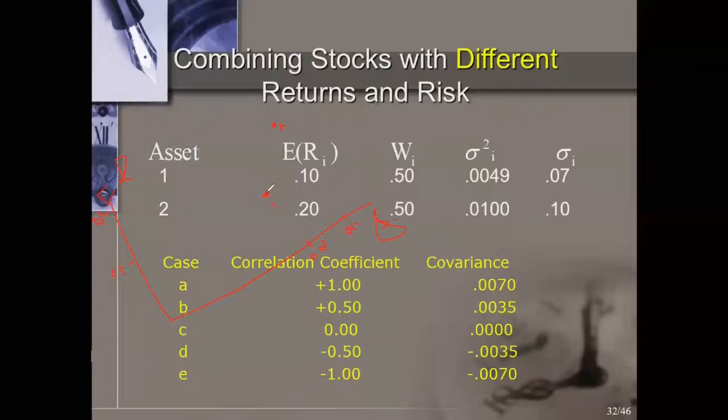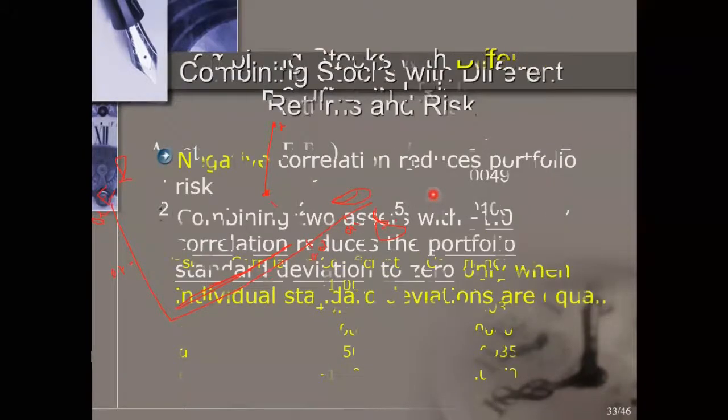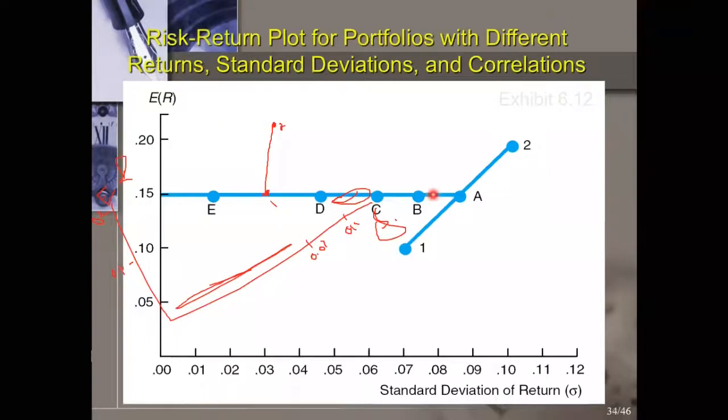But do we want this? No. What do we want? We want a constant return with a lower risk, or higher return with a lower risk. It means we want the risk to be somewhere here rather than here. So these points are actually calculated on that graph for situations A, B, C, D, and E. This is when we are not making any portfolio.